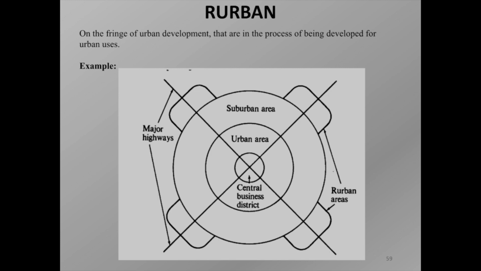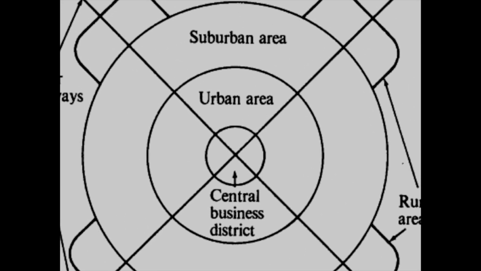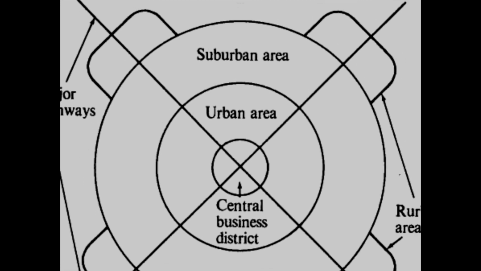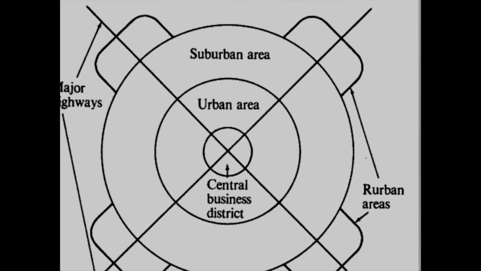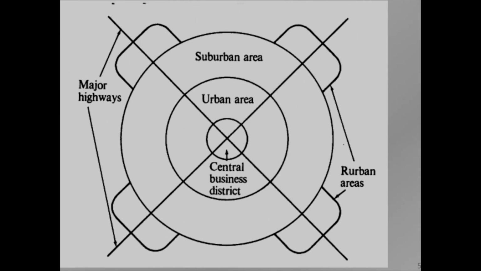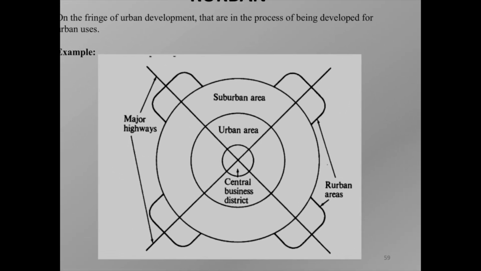It's some circles, and the most center circle is your central business district, right in the very middle. And then right outside of that is a little bit larger circle, and it's classified as an urban area. And then you've got a circle that's a little wider and outside that urban area, and that's classified as a suburban area. And then way far outside of that, in all that white space, that would be a rural area.